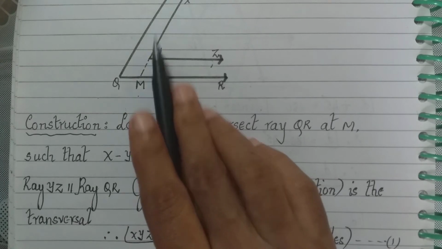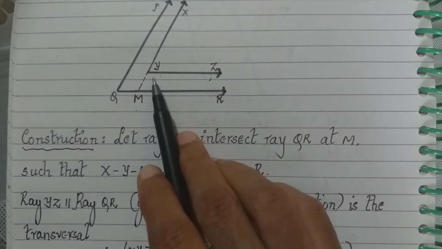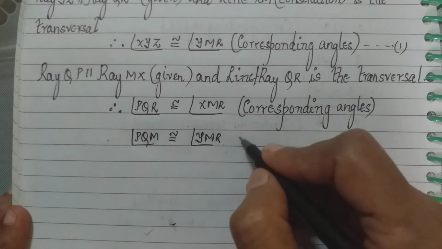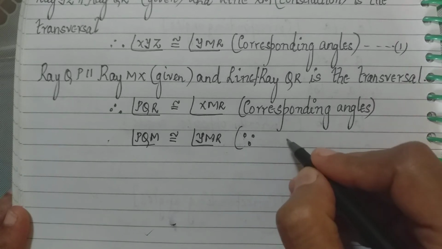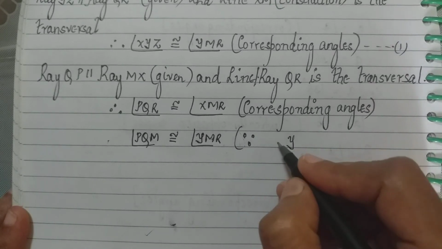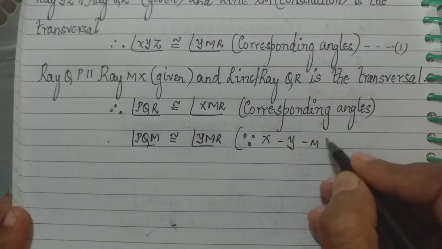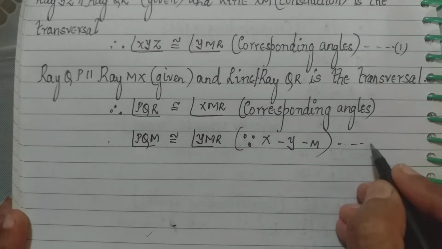Because Y was lying between X and M. You see this point Y lying between the points X and M. So I can write the reason, because this point Y lies between the points X and M. So once this is written, I can number this as 2.